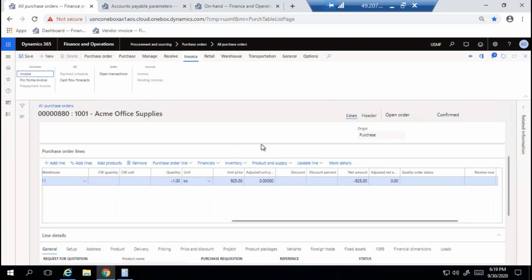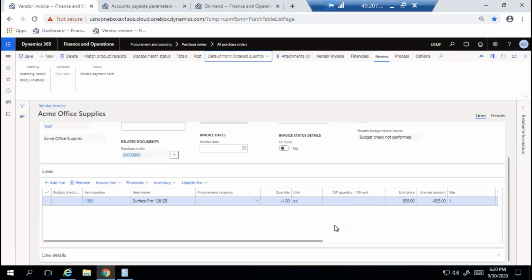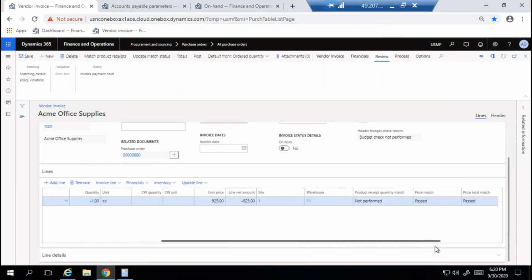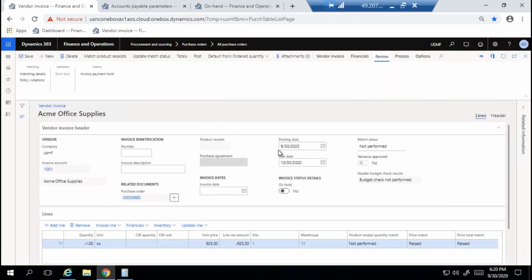Next, I'm doing invoice. Okay, so now match update status is passed.